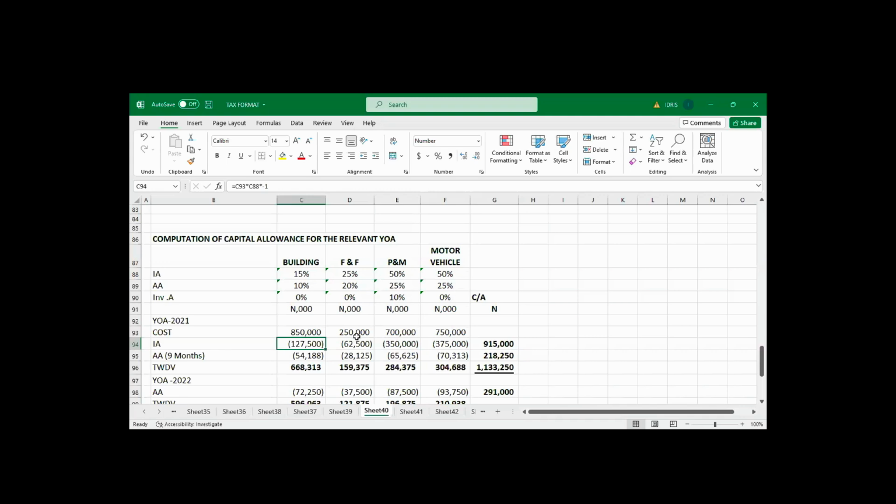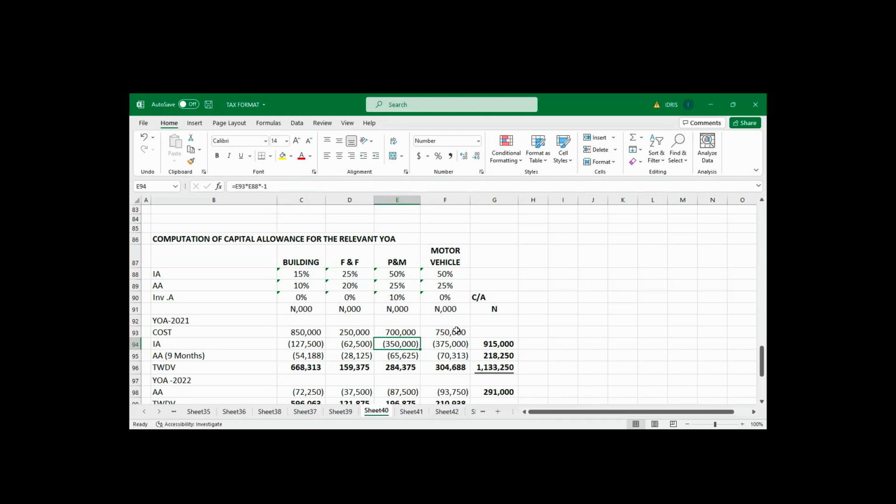For furniture and fitting, the initial allowance is 25% of the cost. 25% of 250 will give you 62,500. For plant and machinery, 50% of the cost, 50% of 700, it will give you 350.